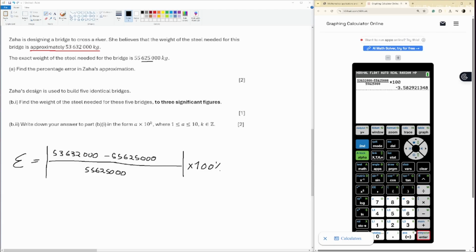And as you can see here, the answer comes out as negative. However, this is how IB gets you, and since you know that the brackets mean that it always has to be positive, you can just write down the answer as 3.5829%, and you round this to 3 significant figures, which is equal to 3.58.